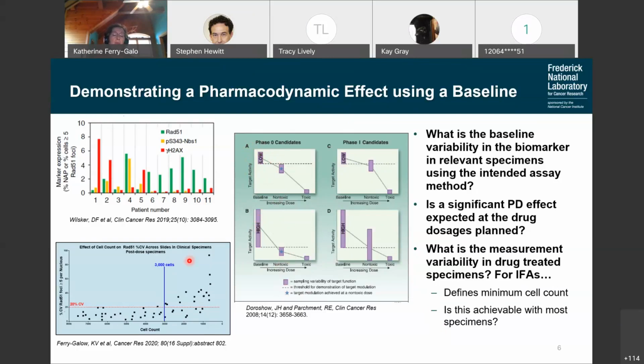For quantitative immunofluorescence assays, understanding measurement variability across a biopsy is also important in understanding what the minimum cell count is to reach significance. So once you have a certain number of patients that you've gotten a response in a drug-treated specimen, knowing what that minimal cell count is is very helpful, and then understanding if this is achievable with most of the specimens that you are receiving.